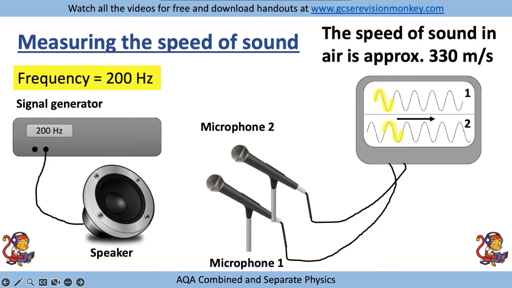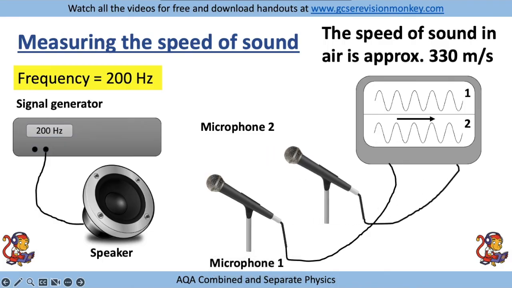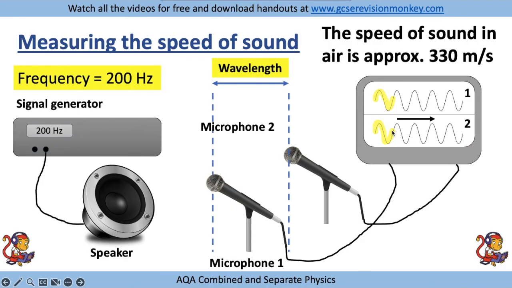But then, if you move microphone 2 back a little bit more, you'll eventually get to the point where you have identical wavefronts again. And as you can see here, both of these traces are in exactly the same positions again. And when you do that, you can work out the wavelength of the sound wave generated by the speaker, because that is the distance between the two microphones.